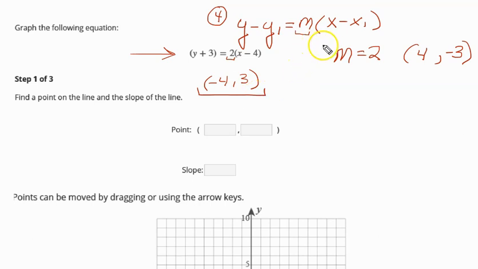And the confusion comes because of the negative signs in the formula. And we had said the shortcut is, and you can put a star by this, whenever you see it in this form, the shortcut way is it's the opposite signs that are there. That's why this is correct.